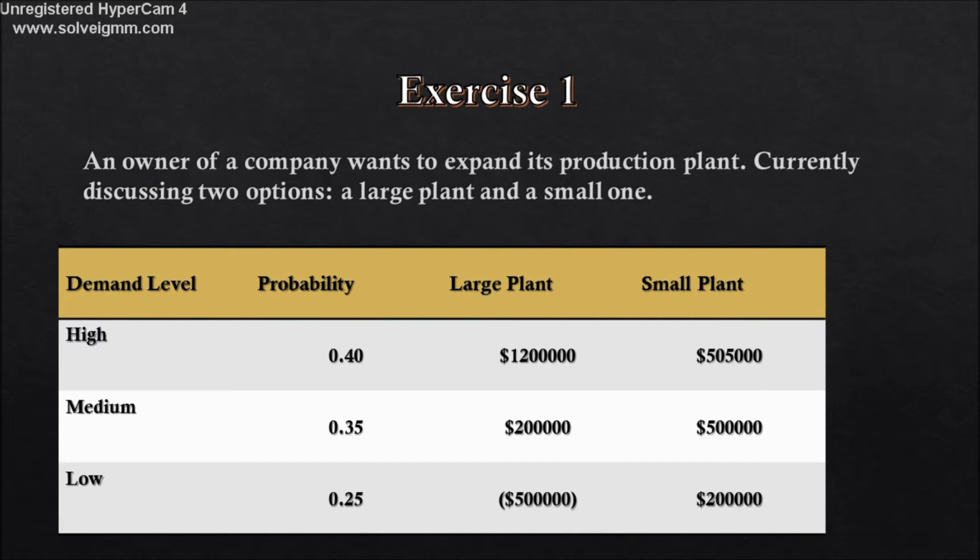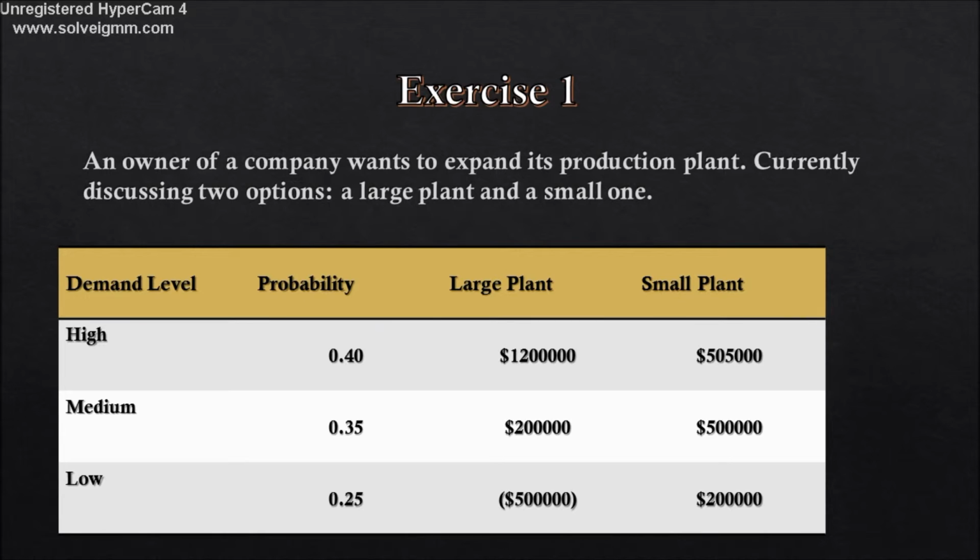The probability that the demand is high is 0.40, in a large plant with a benefit of $1,200,000 and in the small plant $505,000. If the demand is medium, you have a probability of 0.35. If the demand is low, you will have a probability of 0.25.